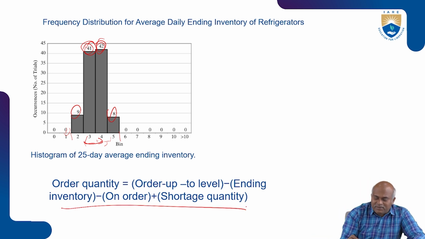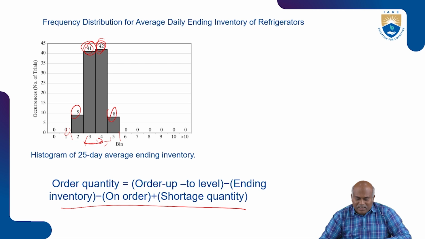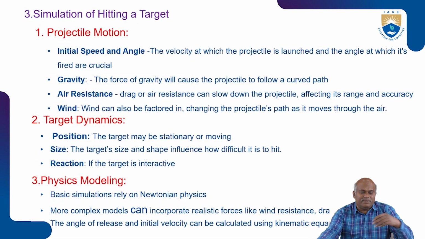These are very essential while we do the process. Order quantity is equal to order up to level minus ending inventory minus on order plus shortage quantity.